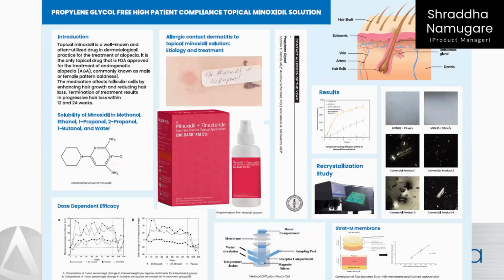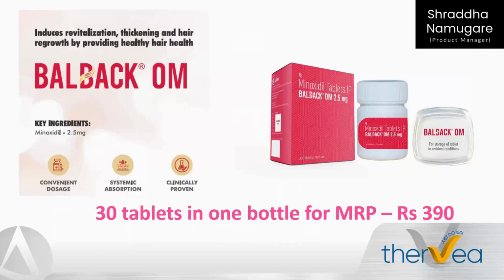Since this product is propylene glycol free, there are fewer chances of recrystallization. The usual problem with minoxidil-only formulations is that crystallization would happen and the hair quality would decrease. Since this product is free from propylene glycol, there is no recrystallization happening in this formulation.